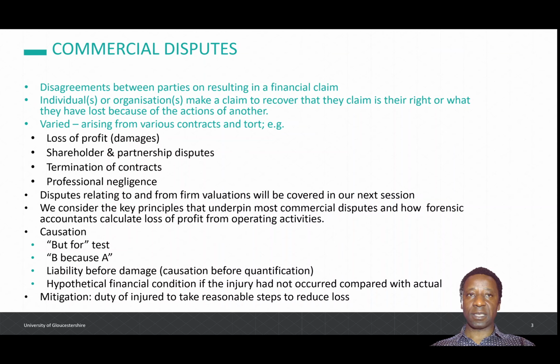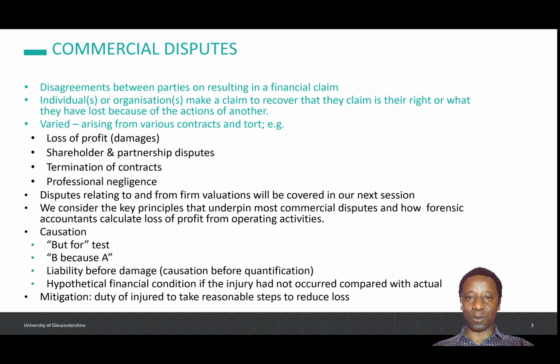But causation itself is not adequate. Right? We also have to look at any reasonable steps that the party who is suffering or suffered the loss took to mitigate the damages. Right? So did they take any reasonable action to limit the loss?